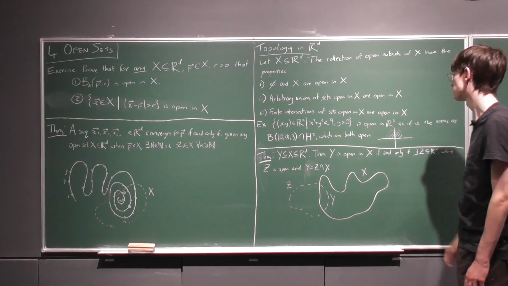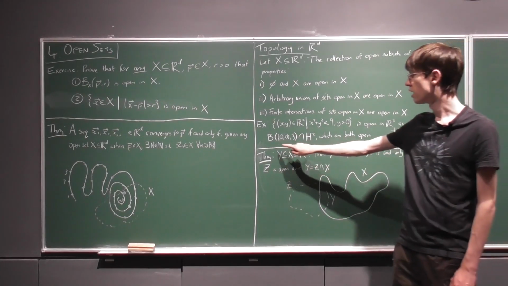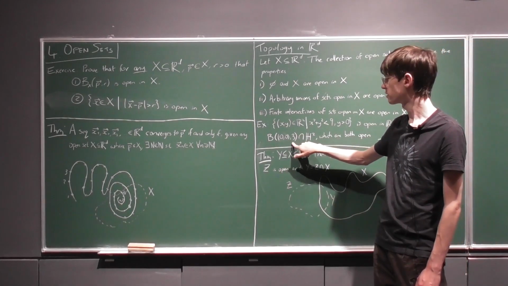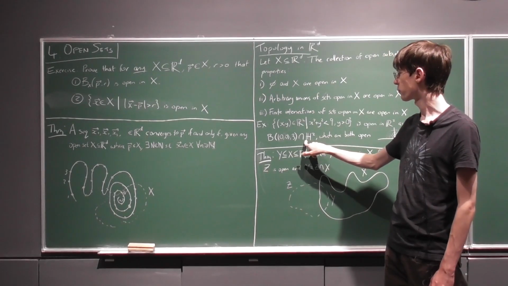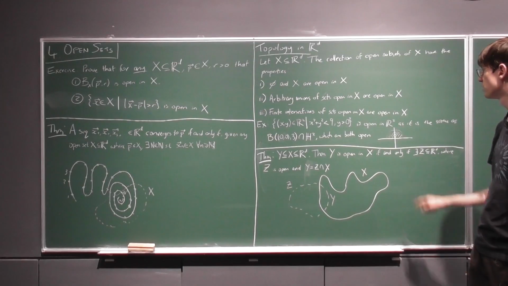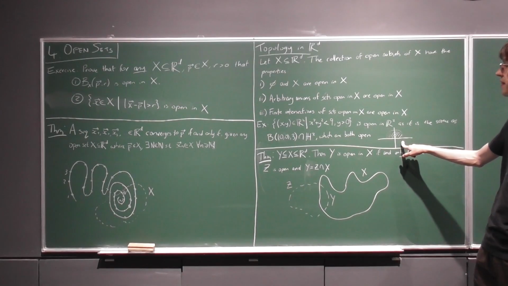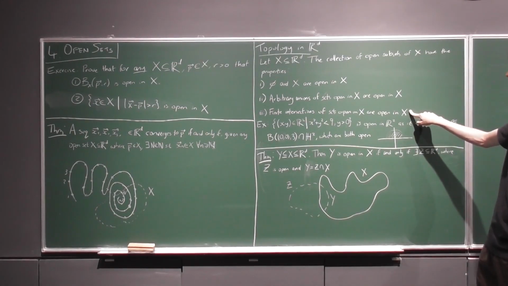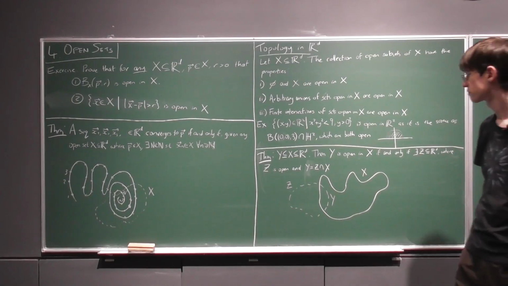That set's open in X because it was the intersection of the open ball centered at (0, 0) of radius 3 and the upper half plane, both of which we've already shown are open. This is just a picture of it here. And that follows because of this property here as a finite intersection.